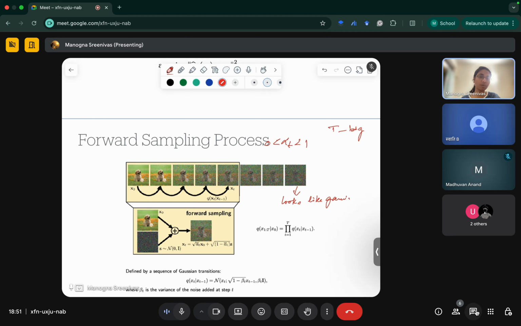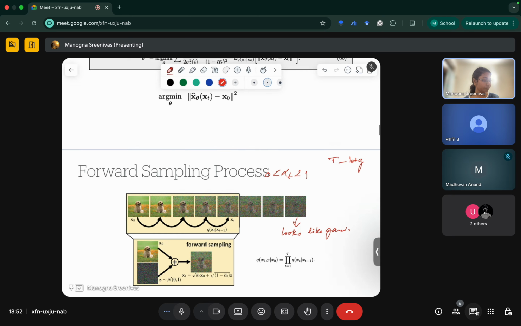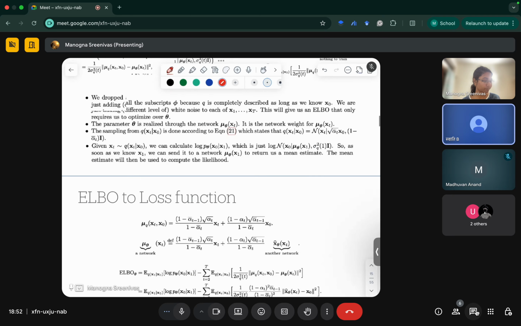You can keep adding more and more, and practically it will still look like Gaussian. The theoretical proof is that only at infinity will it become Gaussian, for continuous random variables. That's why we choose a big T, usually 1000 steps. Okay, got it.